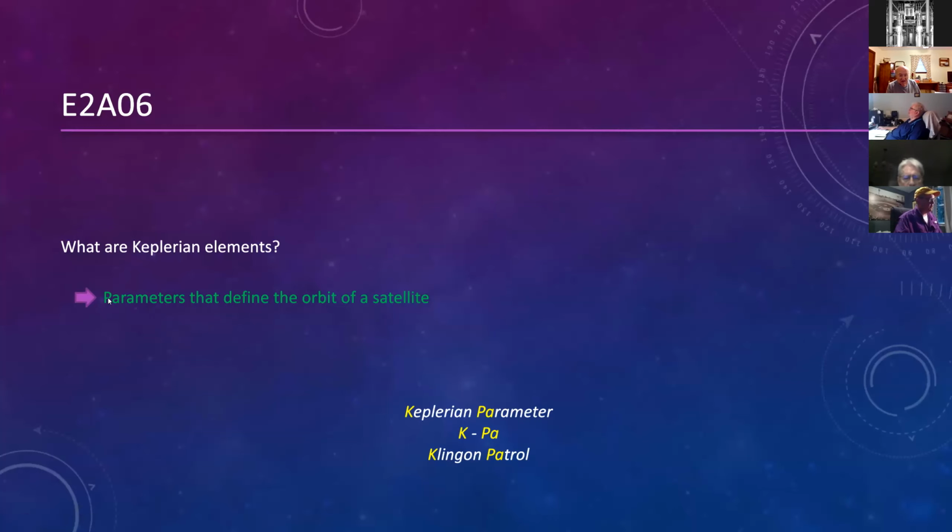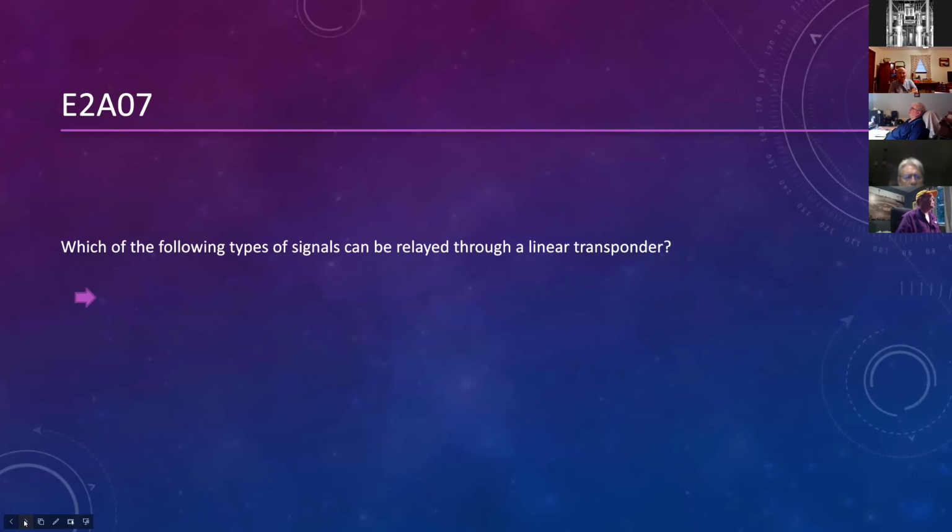There's no other word in any of the other answers that begins with PA. So if you remember Klingon Patrol, you're in good shape. All right, which of the following types of signals can be relayed through a linear transponder? And again, all of these choices are correct.